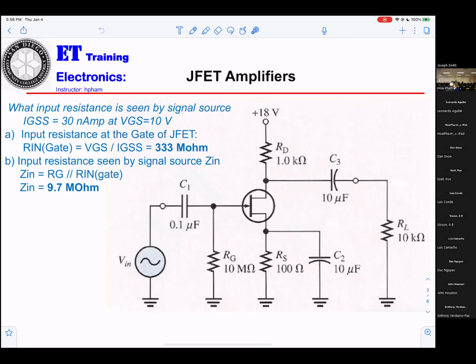Input resistance seen by the signal source will be R in equal RG parallel with R in gate. And that you calculate 9.7 mega ohm.